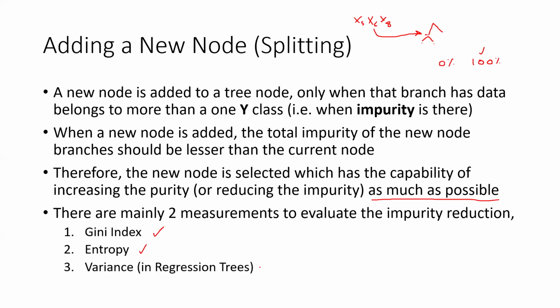When you are using the CART algorithm for regression, you can use variance as the impurity when you are using the decision tree for regression purposes. But when it comes to classification purposes, these two are the measurements that we are using to calculate the impurity in a particular node.